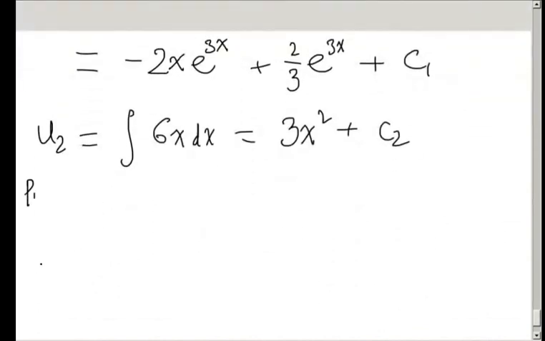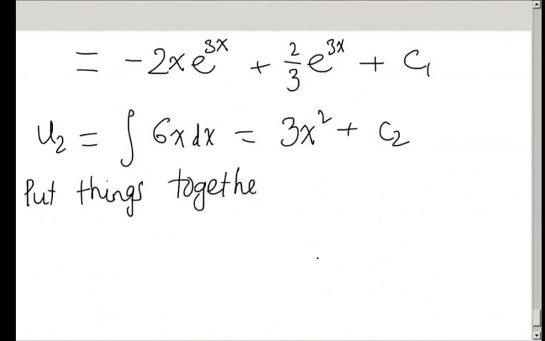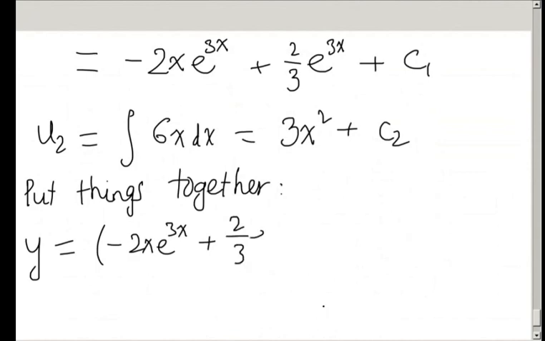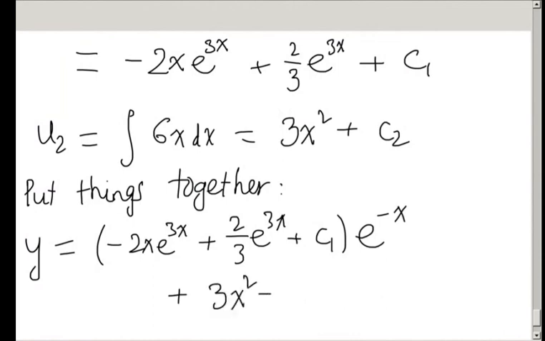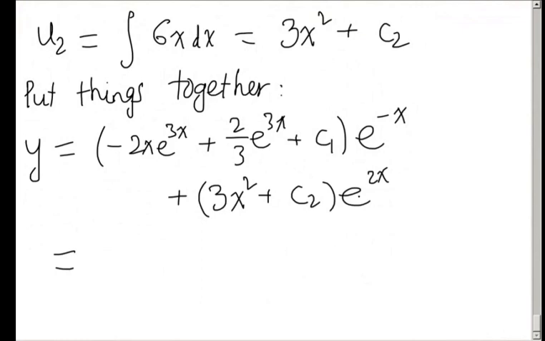Now put everything together. We have our y is u1, which is the long expression above, minus 2x e to the 3x plus 2/3 e to the 3x plus c1, times e to the negative x, plus u2, 3x squared plus c2, times e to the 2x. And now we need to distribute in to rewrite in the correct format.